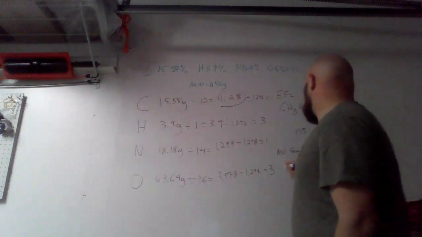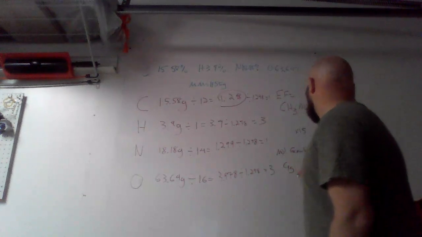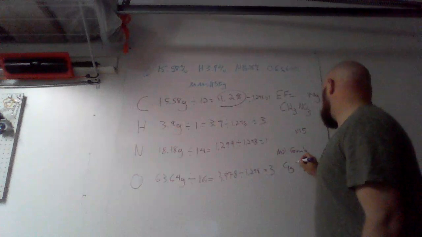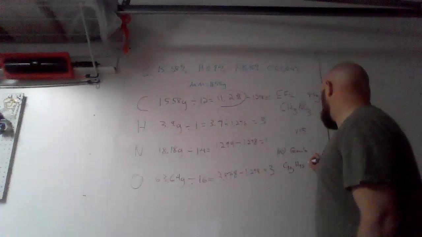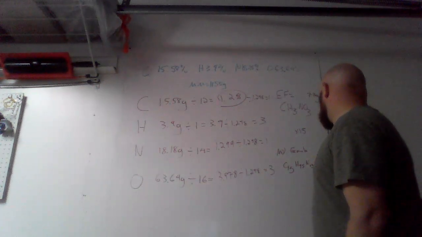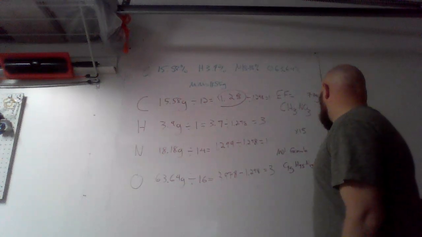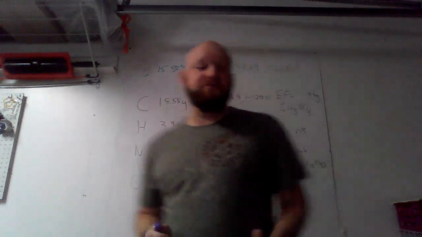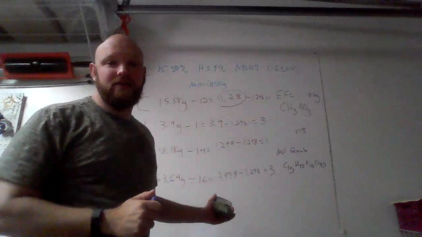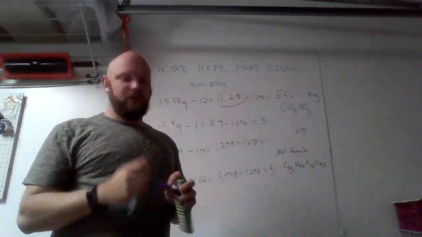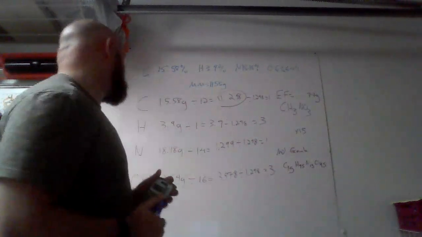So we're going to have C15. 3 times 15 is 45, H45, N15, O45. So this process is really not that bad, to be honest. You just have to follow the steps, and I really recommend doing it all.